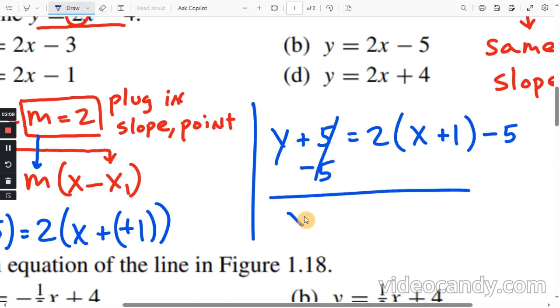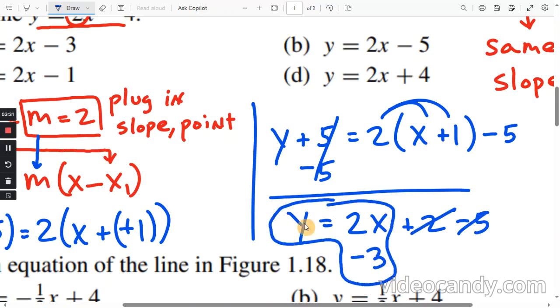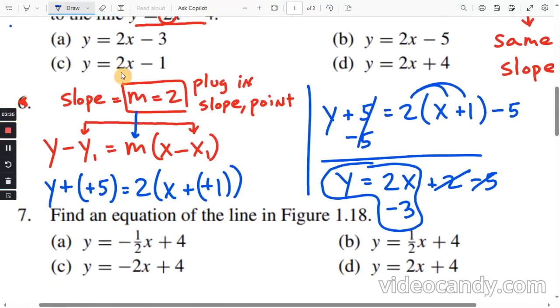Y equals, and distributing, 2 times x is 2x, and 2 times +1 is +2. We still have -5, and of course 2 minus 5 is going to be -3. So y equals 2x minus 3. That's answer choice A.